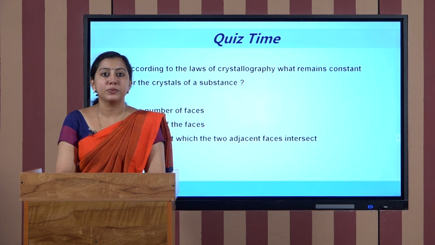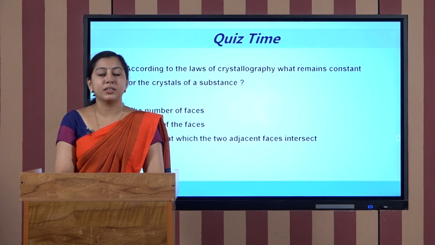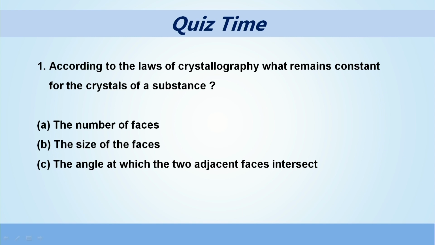Now we will have some discussion on assignment questions. First question, according to the laws of crystallography, what remains constant for the crystals of a substance? Option A, the number of phases. Option B, the size of the phases. And option C, the angle at which the two adjacent phases intersect.